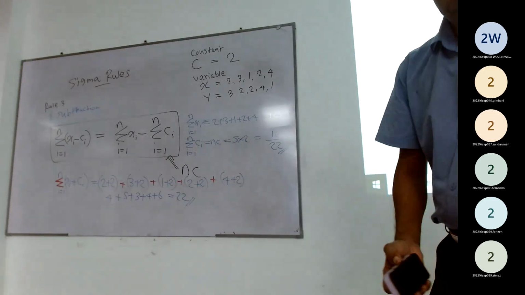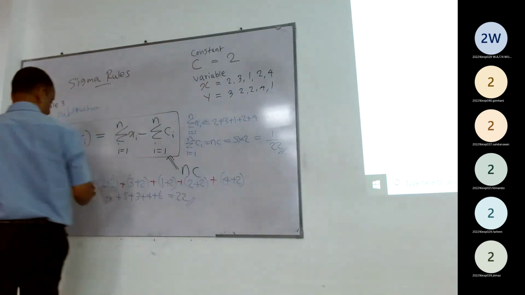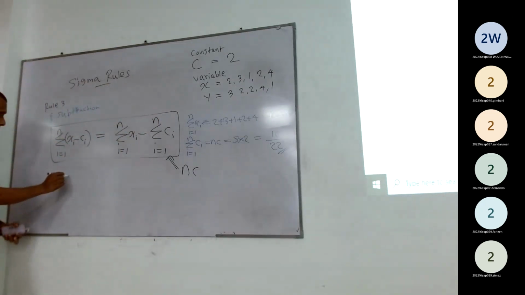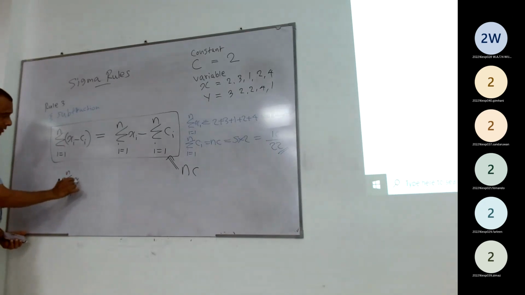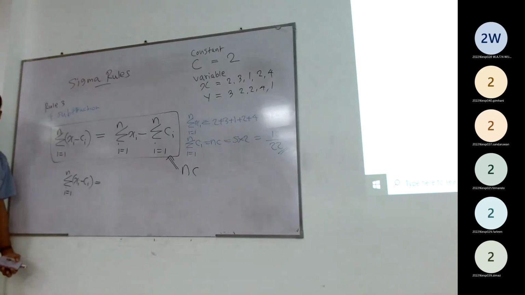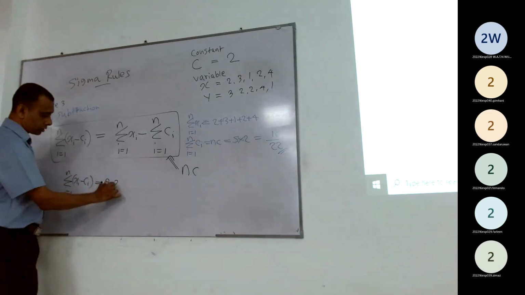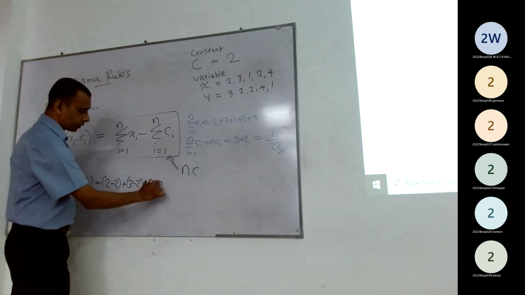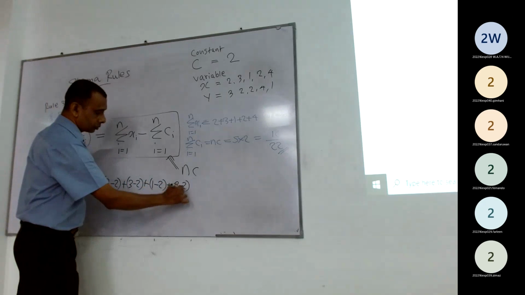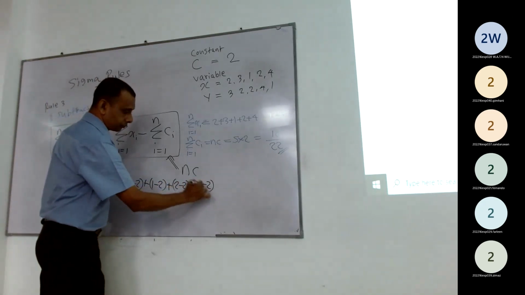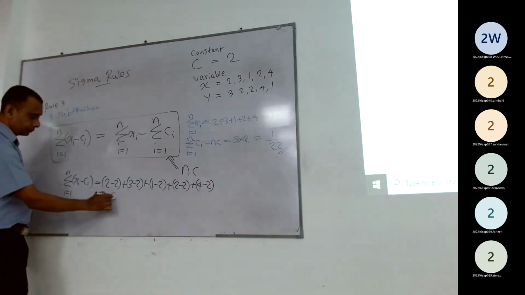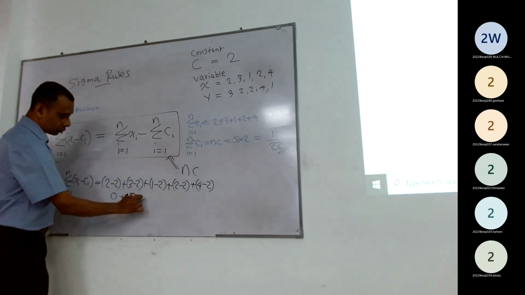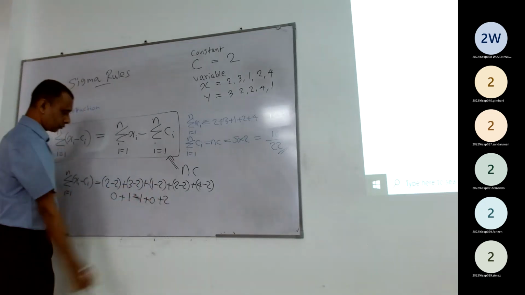Right, let's practice. Sigma i equals 1 to n xi minus ci. x2 minus constant 2, x3 minus 2, x1 minus 2, x2 minus 2, x4 minus 2. That gives 0, 3 minus 2 is 1, 1 minus 2 is minus 1, 2 minus 2 is 0, 4 minus 2 is 2.